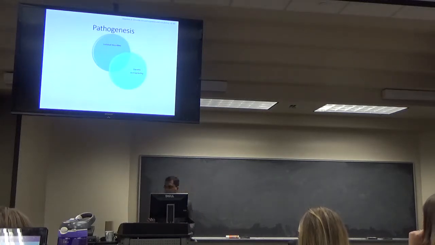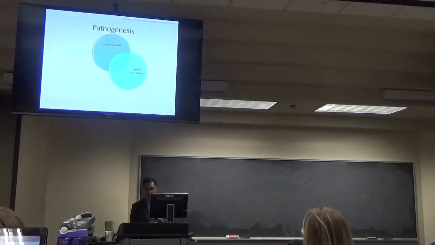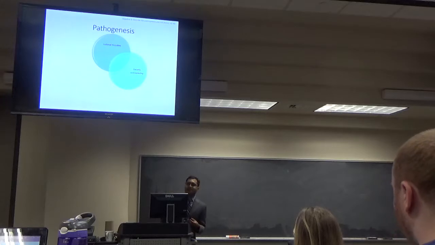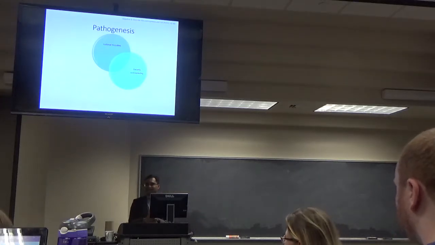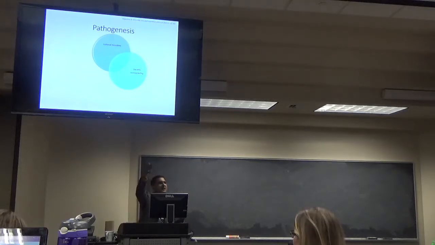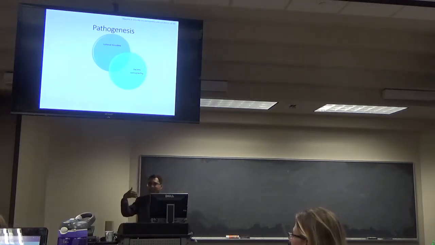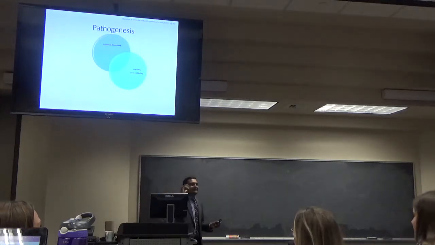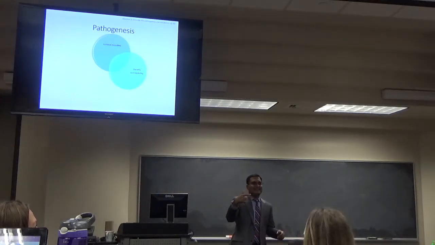Can anyone guess how many gut bacteria we have in our intestine? Okay, let's start. Row 1 has only one person. How many gut bacteria do we have? We'll go and every row will guess. 10 million. Row 2: 100 trillion.